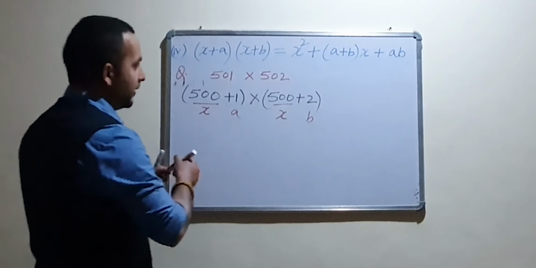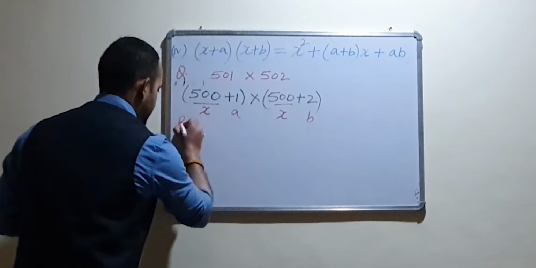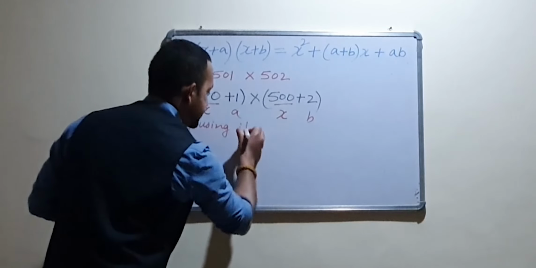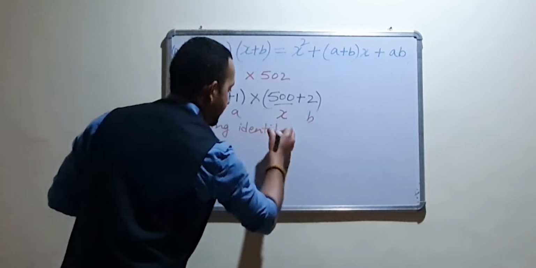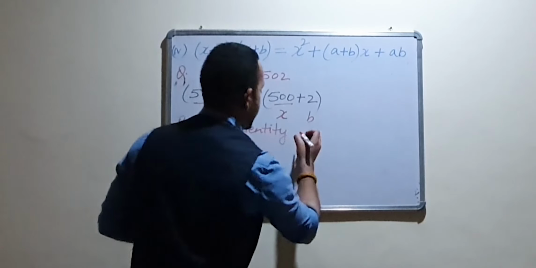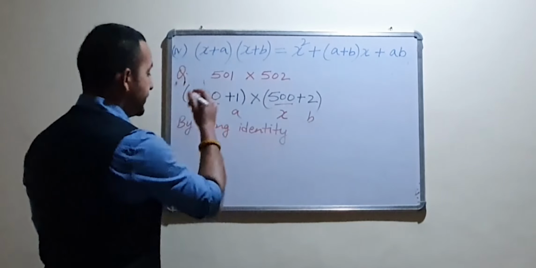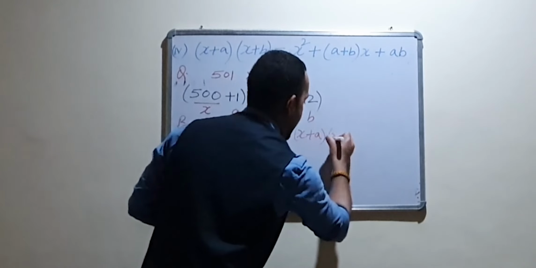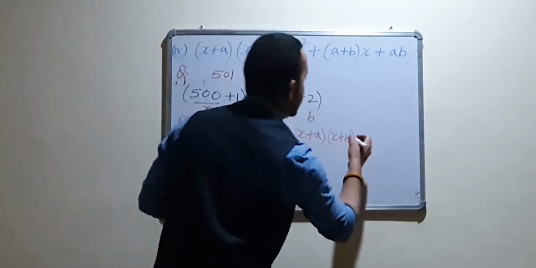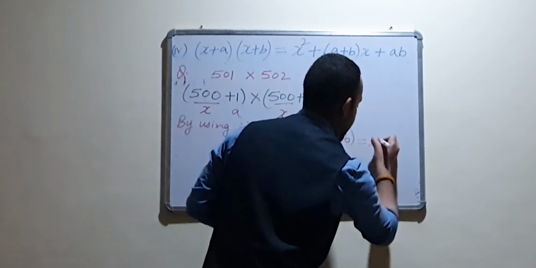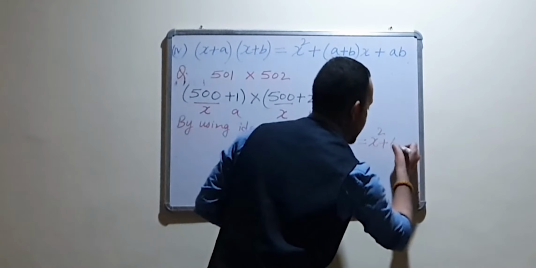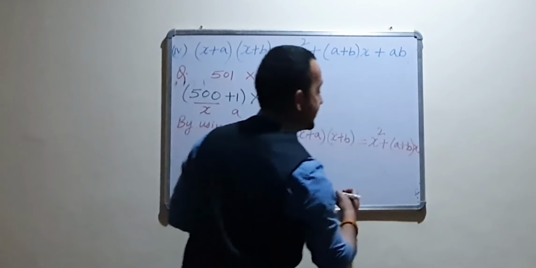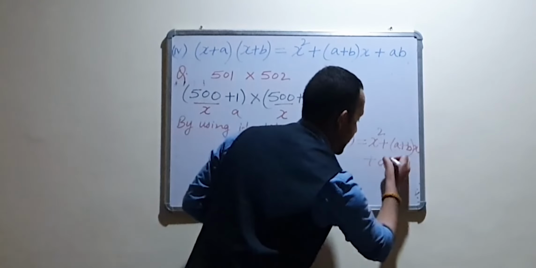Now you are going to solve this by using the identity (x plus a)(x plus b) equals x squared plus (a plus b)x plus ab.